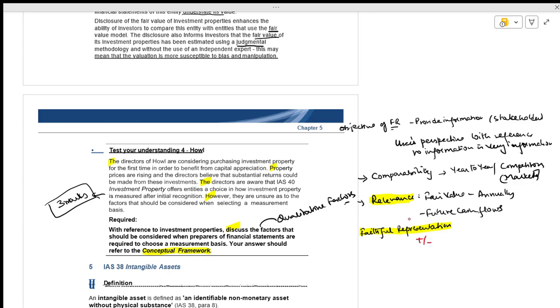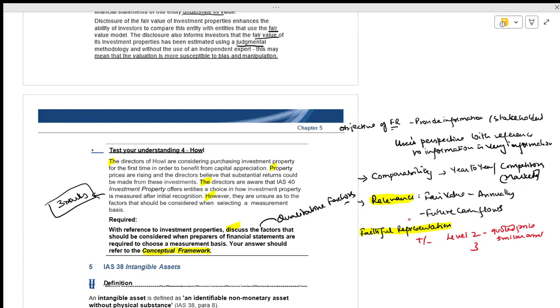There are different levels. You have Level 2 inputs and Level 3 inputs. What are the Level 2 inputs? Level 2 inputs are the quoted prices with respect to similar assets in the active market. What is Level 3?